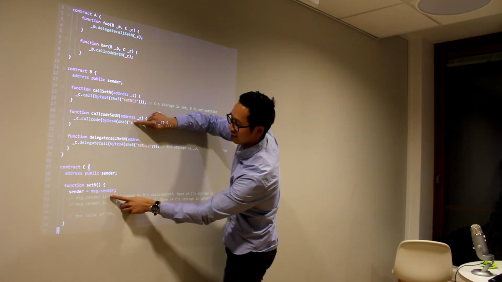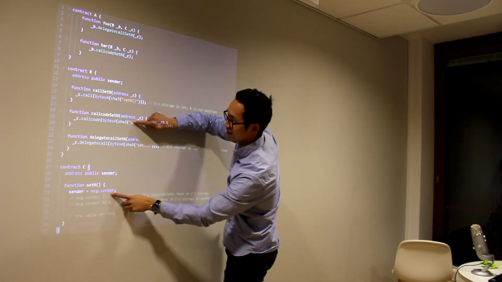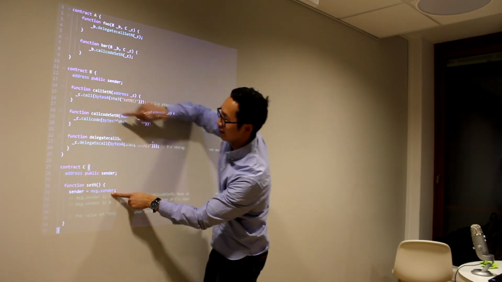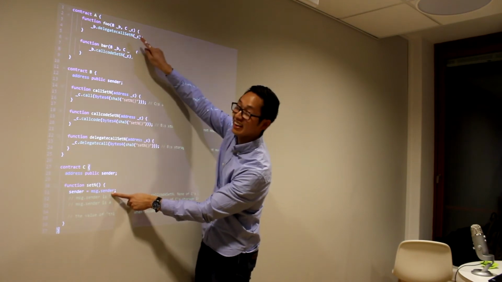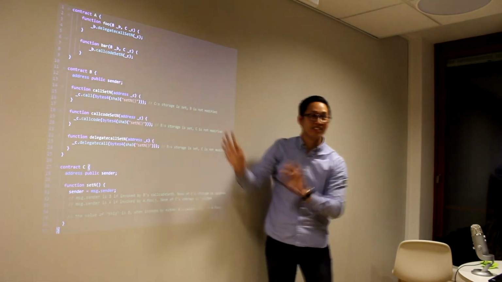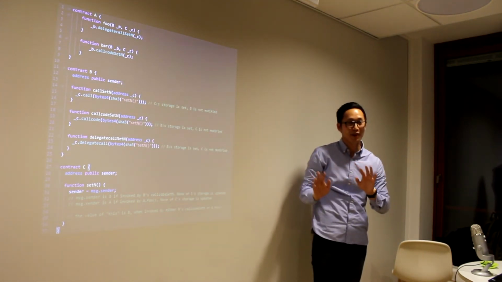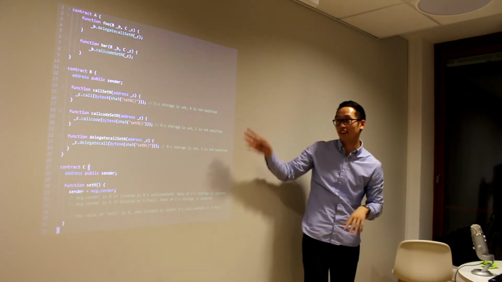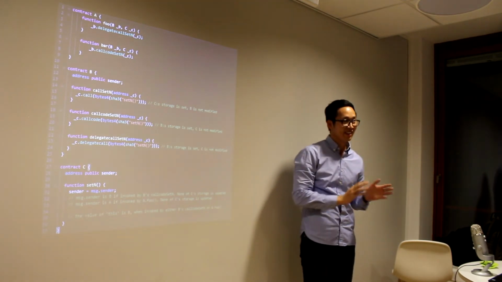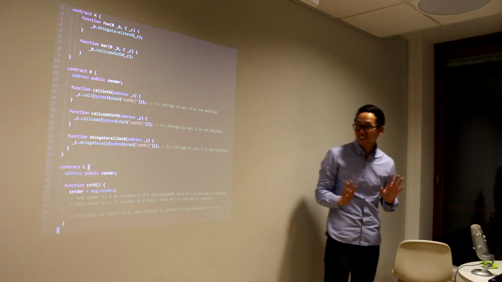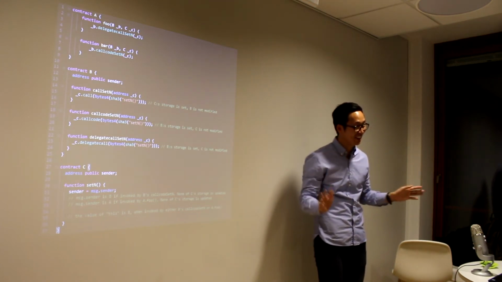That means msg.sender will reference contract B and not contract A. So it's pretty confusing, but that's the difference in those three calls. Maybe you don't understand it, but come to the Slack channel and we can talk.